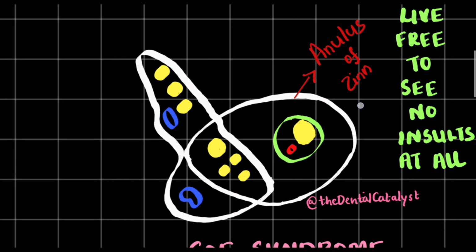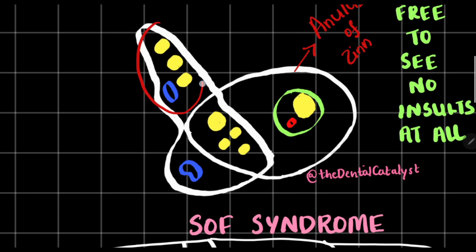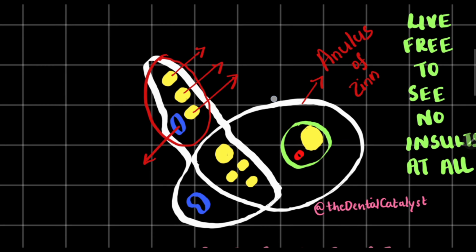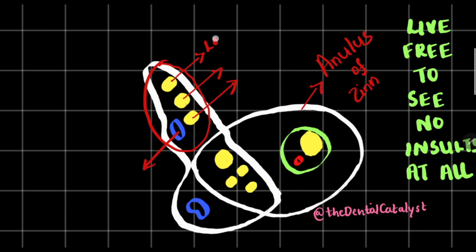Now let's populate these sectors from top to bottom. Up here outside the ring, we have 3 nerves and a vein, which is marked in blue. The first one is the lacrimal nerve. The second one is the frontal nerve. And the third one is the trochlear nerve.